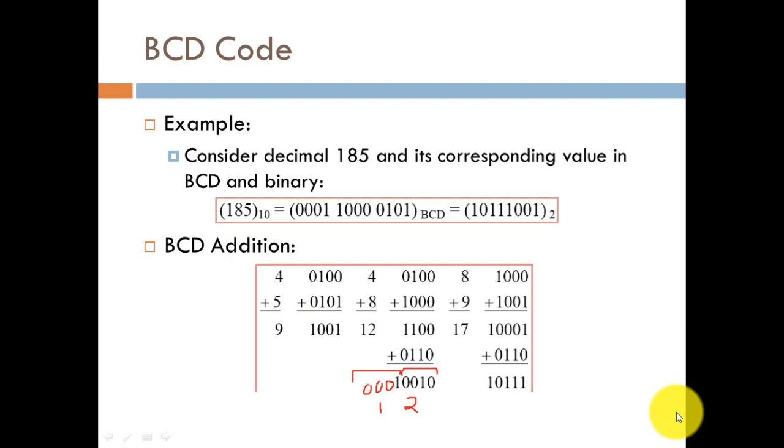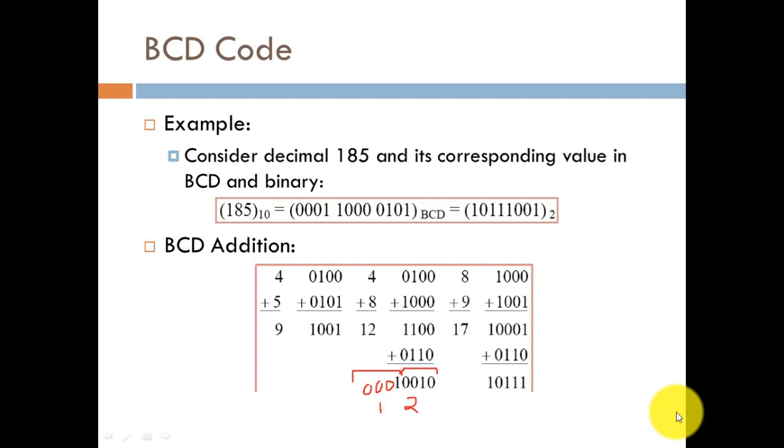In the third example, let us add 8 plus 9. Here also the summation turns out to be 17. Again, we have the BCD equivalent of 8, and we had also represented the BCD equivalent of 9 as 1001. Simply adding that, we will have 10001, and as we had discussed, if the addition value is greater than 9, then we simply have to add 6 to the answer.